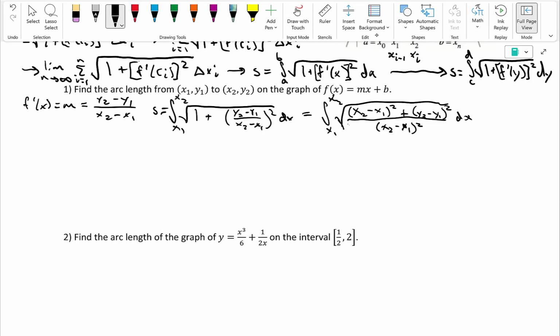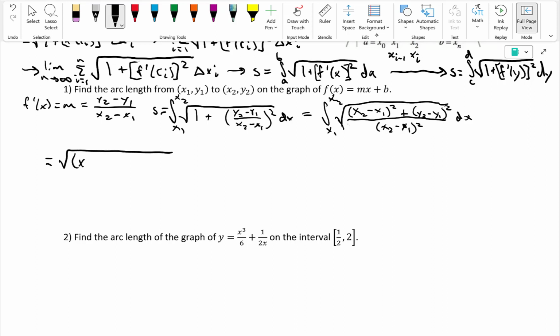And what might be hard to see or think about, but again, you're not going to do tons of problems like this, so hopefully easier for other ones. This whole expression is a constant, right? X sub 1, y sub 1, x sub 2, y sub 2 are all just numbers. Those are 2 points along this curve. So this whole thing is just a constant, which means when we integrate, we're going to get this whole big square root. And I can maybe take that denominator out, make it a little easier on myself to write.